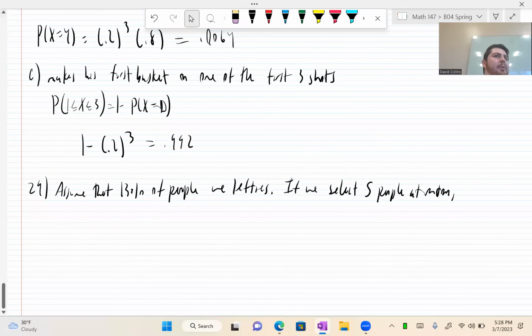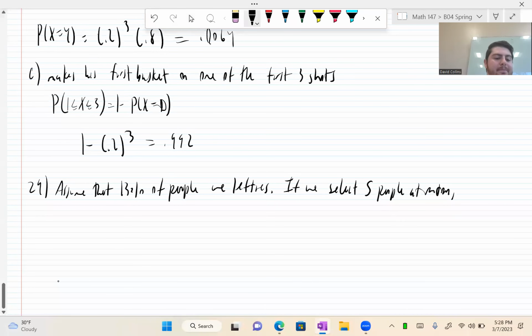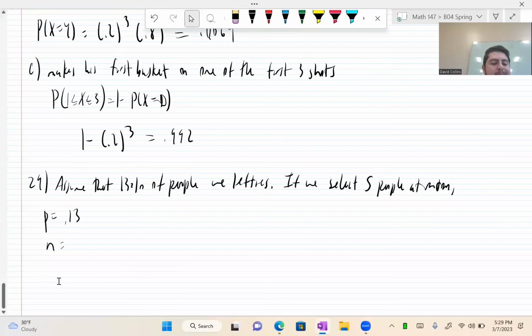So, what is our probability here? Someone say it out loud. What's the probability? If we have an n, what is it? Do we have an n here or no? It's 5, right?